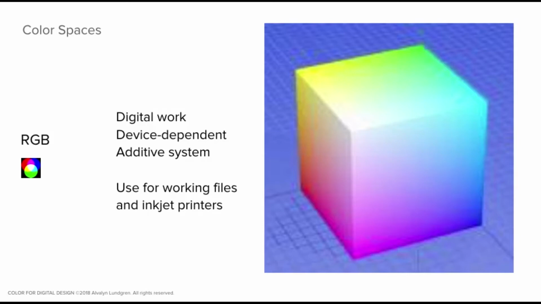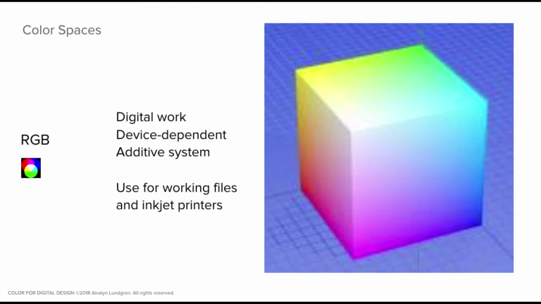RGB, of course, is the additive system, and for all digital work, anytime you are working digitally, you are working in the RGB system. If you switch to CMYK color mode in Photoshop, or when you're working in InDesign, which is default CMYK color mode, it's a simulation because the subtractive system exists in print, not digitally.